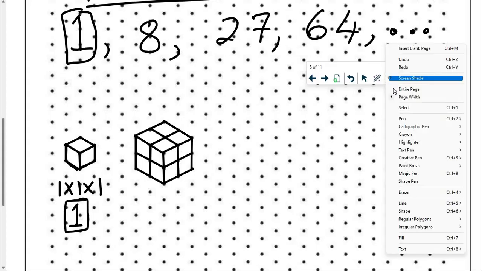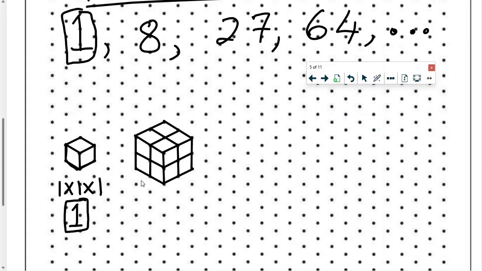See that? So, how was this cube obtained? You did 1, 2, so you have 2 into 2 into 2, and you have 8.